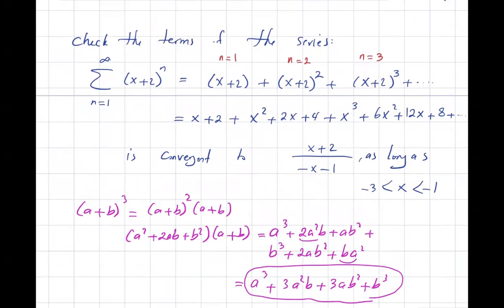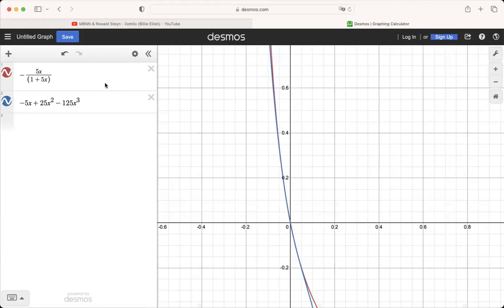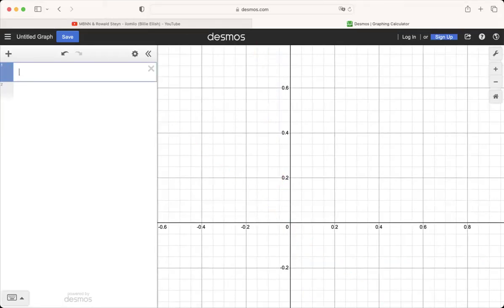Let's take a look at decimals and show you what you have. So let me change this. You have x plus 2 divided by, let me put it in parentheses to avoid any confusion, negative x minus 1.